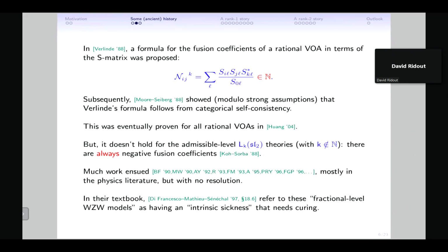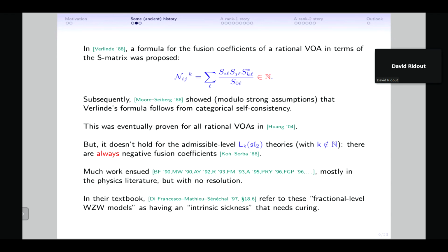But if you jump ahead to 1988, two physicists, Koh and Sorba, immediately said, hey, let's just try and see whether this works for these admissible level SL2 theories. And it turns out that it nearly works. It just slightly fails. What happens is that when you compute these fusion coefficients using the S matrix that Kac and Wakimoto derived for you, you end up, no matter which admissible level you choose, as long as it's not a non-negative integer, always getting a few negative numbers.